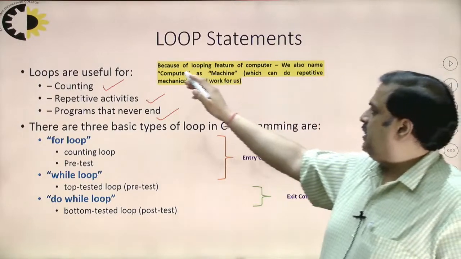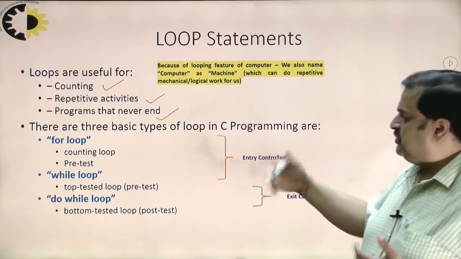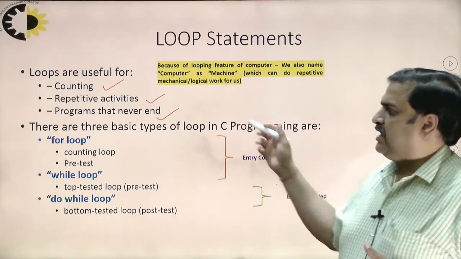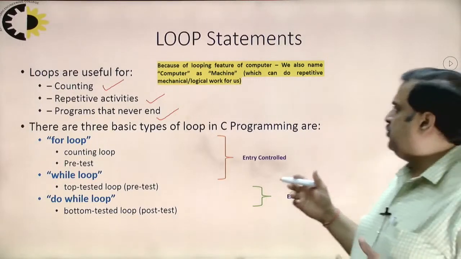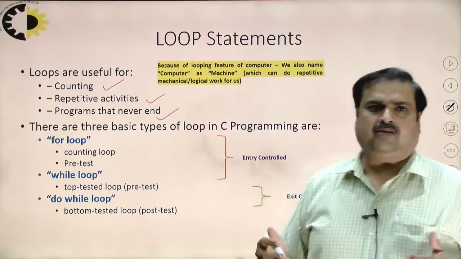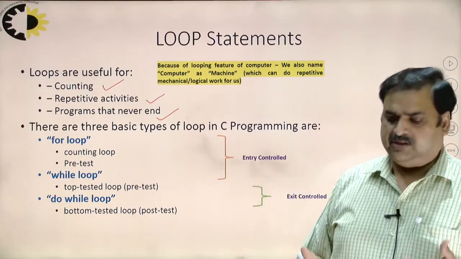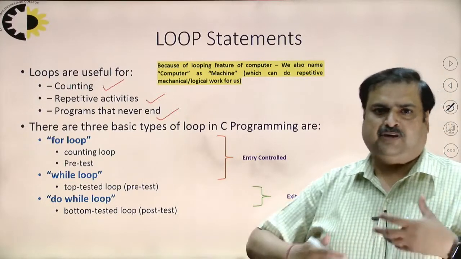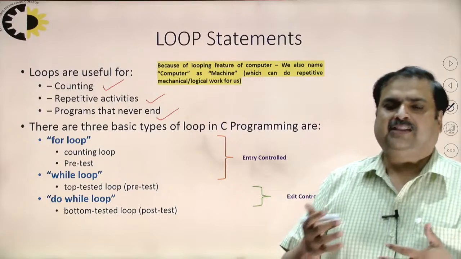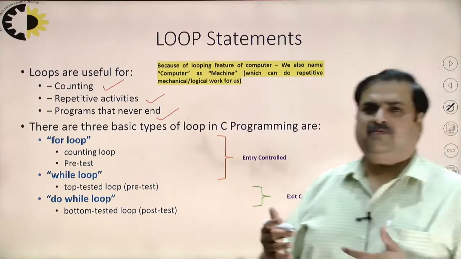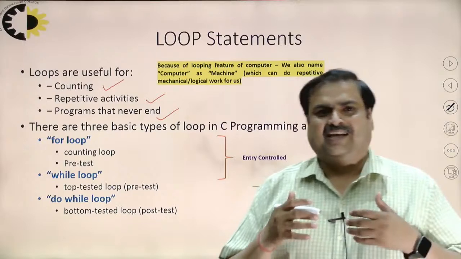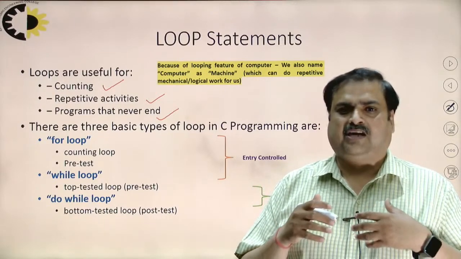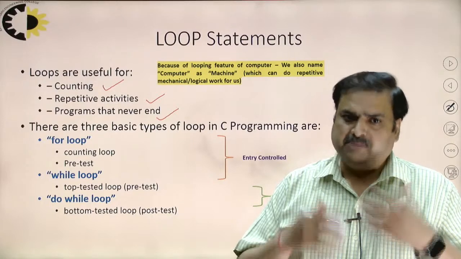Because of this feature, we also call the computer a machine, which can do repetitive mechanical or logical work for us. If we humans do some kind of repetition again and again, then after a certain number of repetitions we start getting irritated and we start making mistakes.